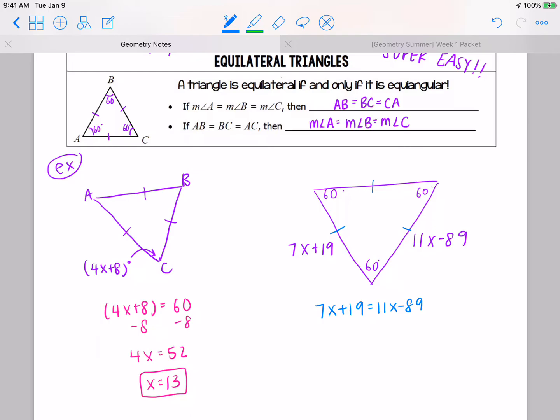Then we subtract 11x on both sides, and subtract 19 on both sides. Cross out, we have negative 4x equals negative 100. So x would be, did I do it right? Negative 4, no, that's not 100, that would be 108. Okay, so x would be 27. And that's it for my examples.